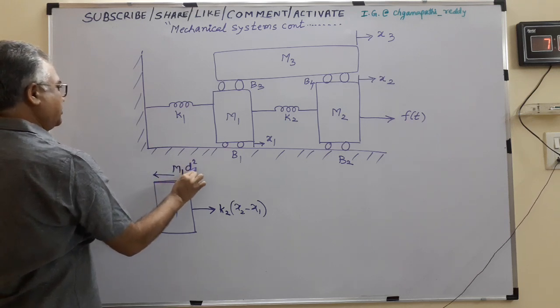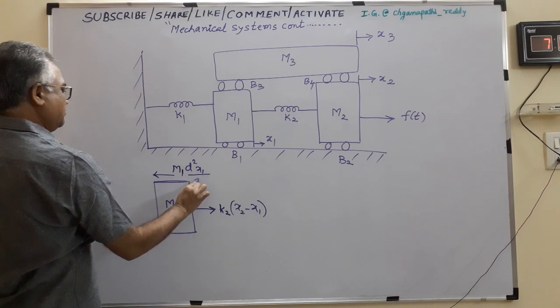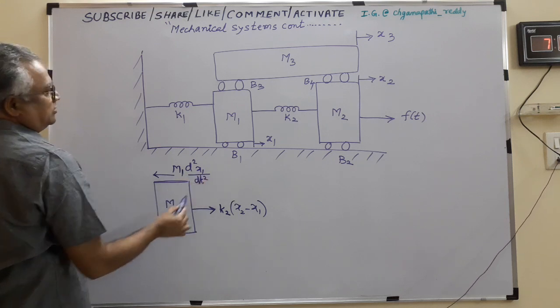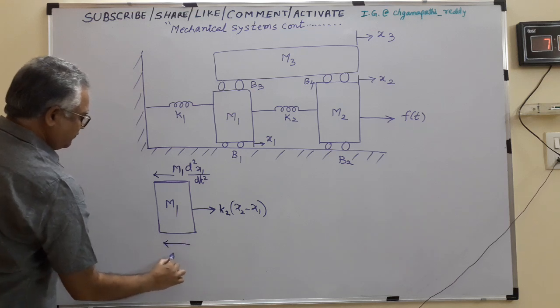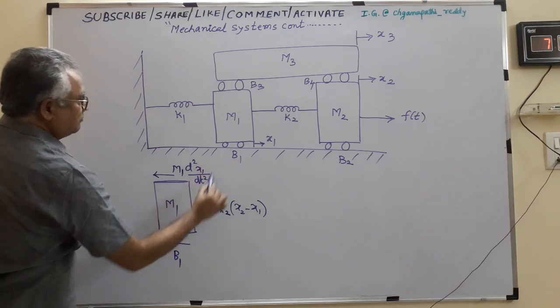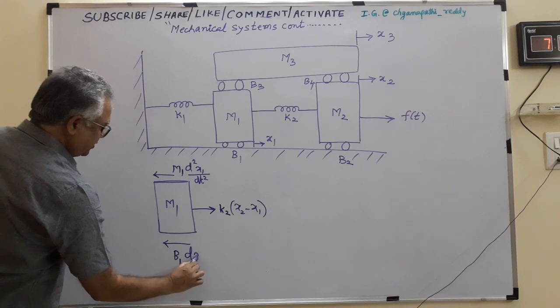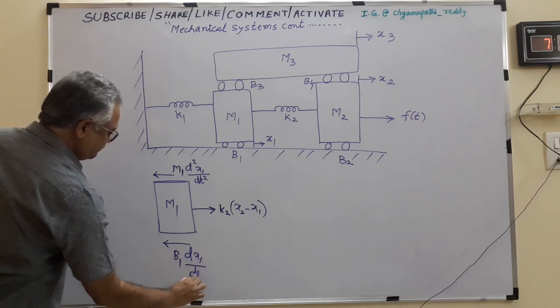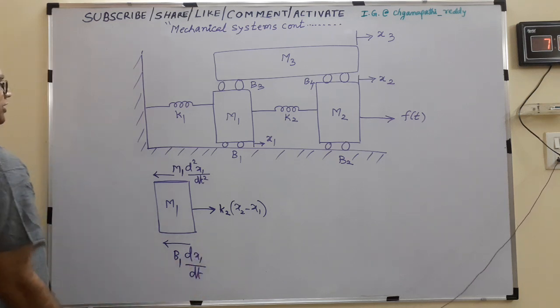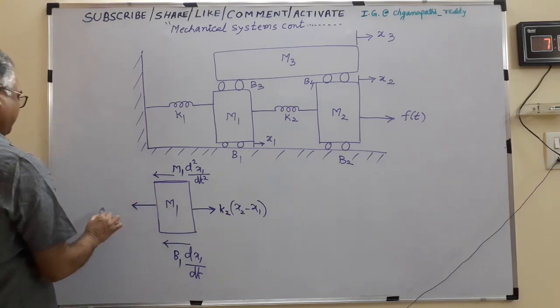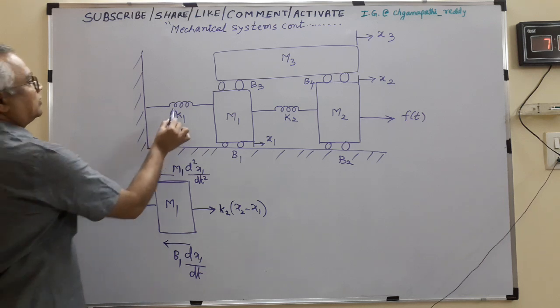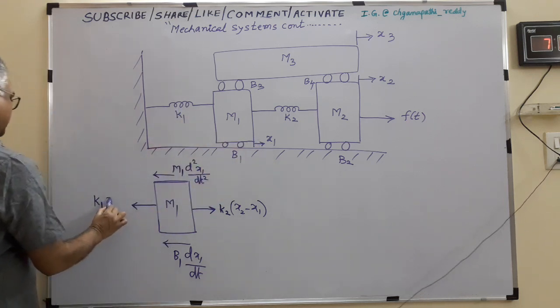M1 d square x1 by dt square. There is also another friction B1 dx1 by dt. This side there is another force here, K1 expanding x1. So K1 x1.